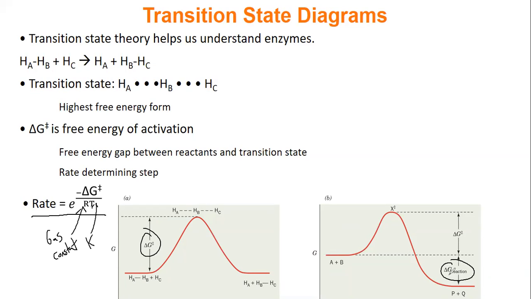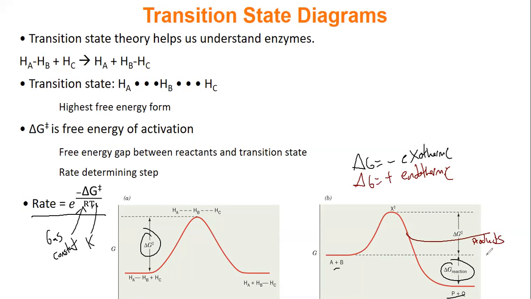Now, when looking at delta G reaction, if delta G is negative, that's an exothermic process, then your products are lower than your reactants. If delta G is positive, which is shown right here, that would be endothermic, and so the energy of your products would be higher than your reactants. So we have two different situations there, exo and endothermic reactions.